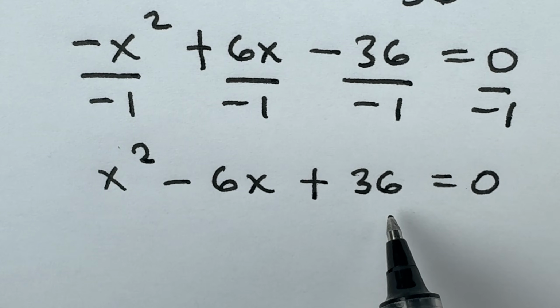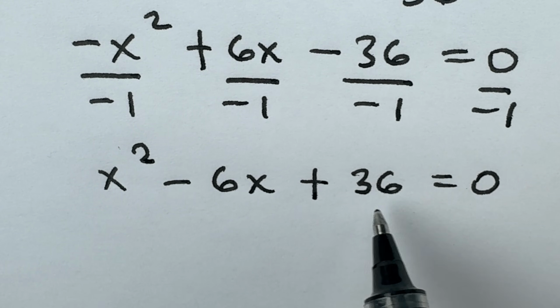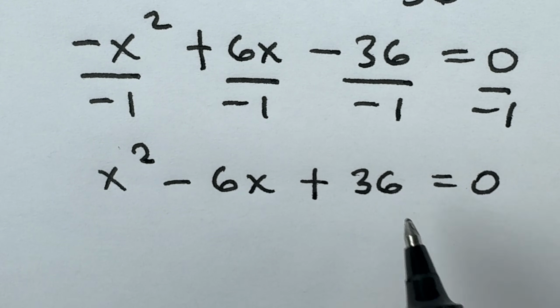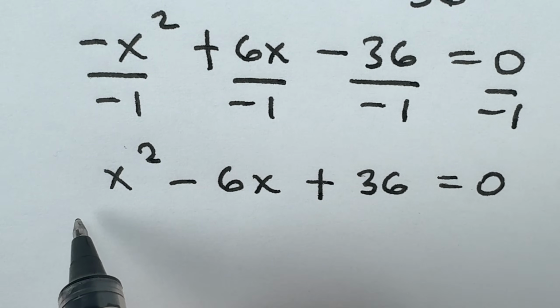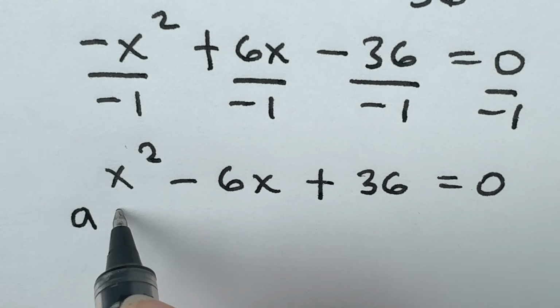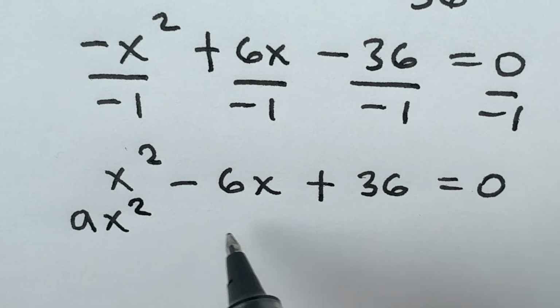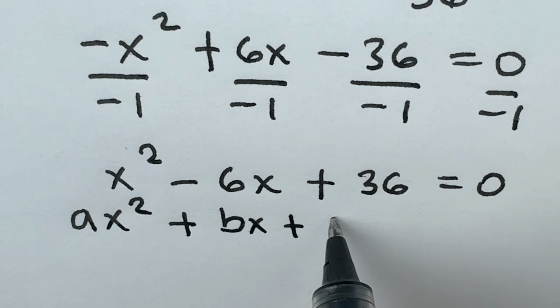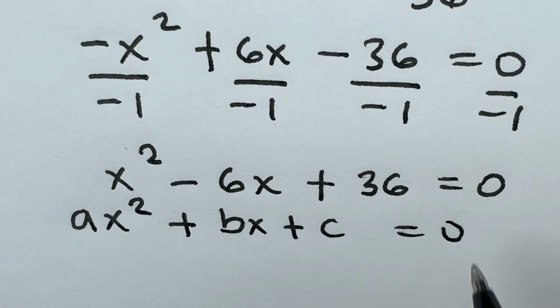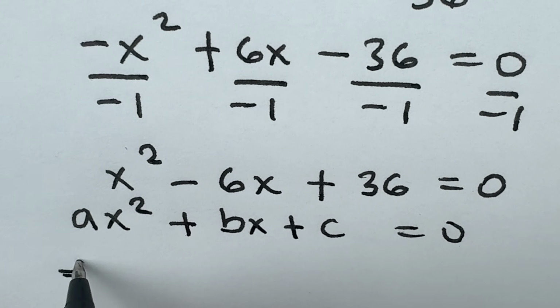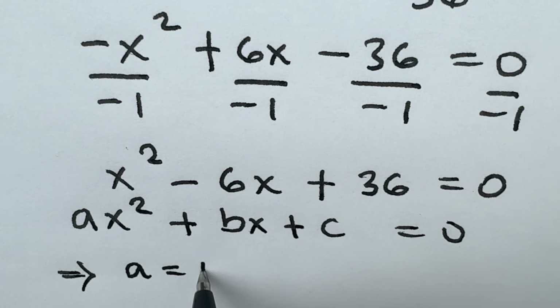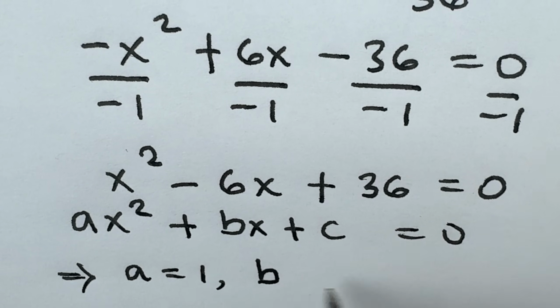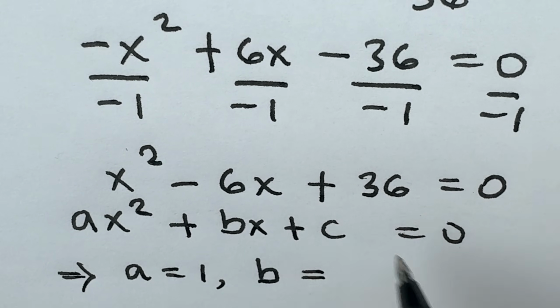This is not factorizable, so we are going to use the general quadratic formula to solve this. I'll first compare this with the general quadratic equation, ax squared plus bx plus c is equal to 0. That implies that the coefficient of x squared here, a, is 1. Coefficient of x here is minus 6.